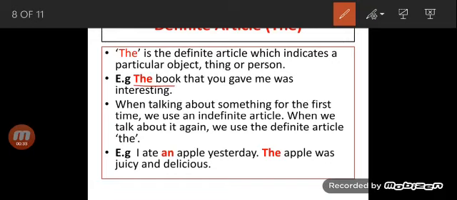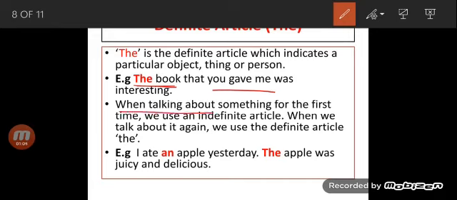So here the book means the particular book that you gave me. When we talk about anything in particular, be it an object, thing or person, we use the definite article the.